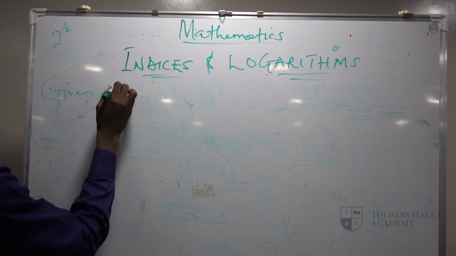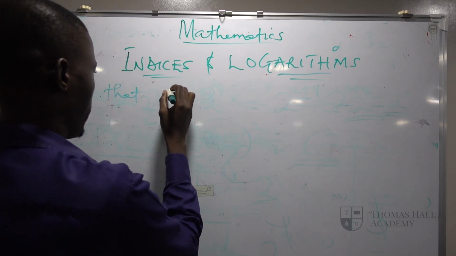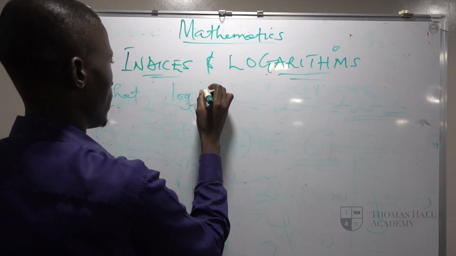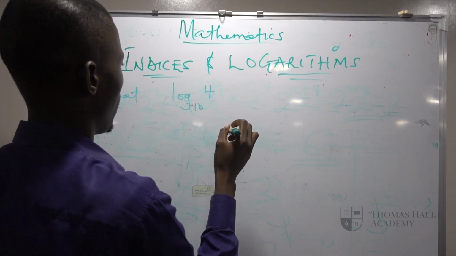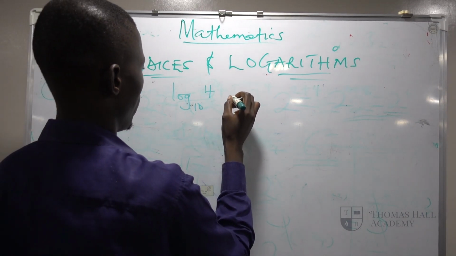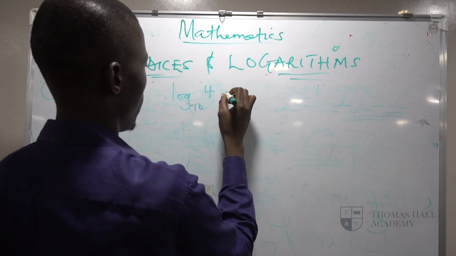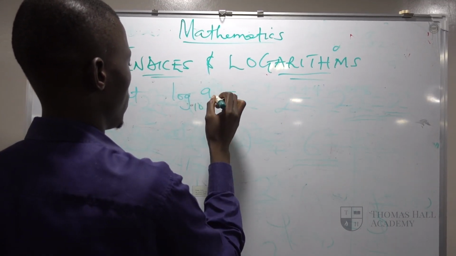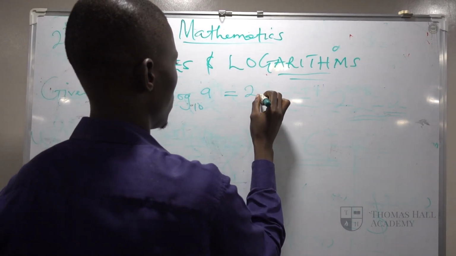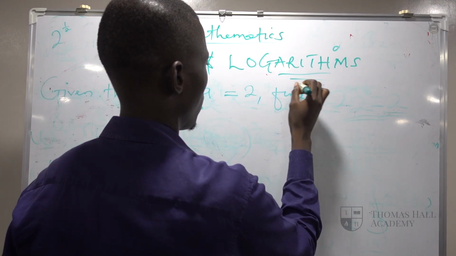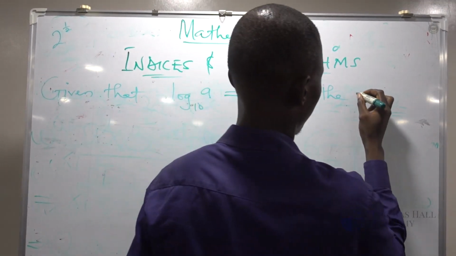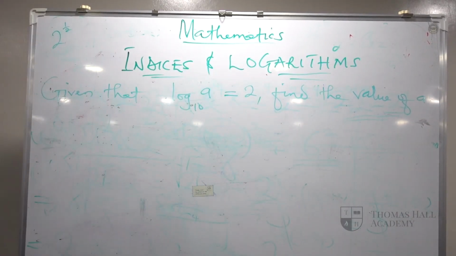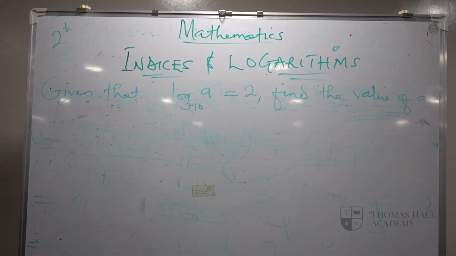Given that log a base 10 equals 2, find the value of a.